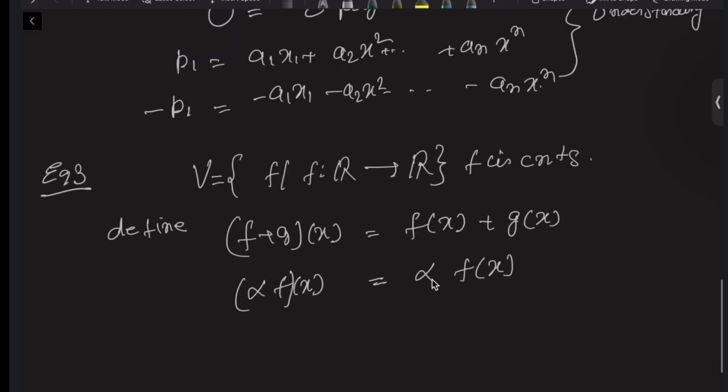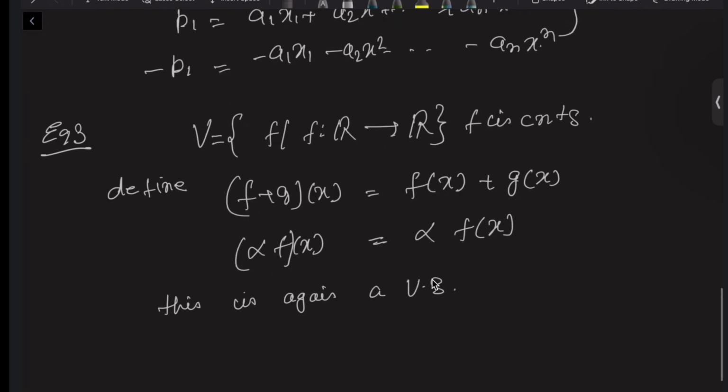So this is again a vector space. Again, the zero function, the function which takes the value 0, is going to be my zero element, and for any f(x), minus f(x) will be my inverse, right?